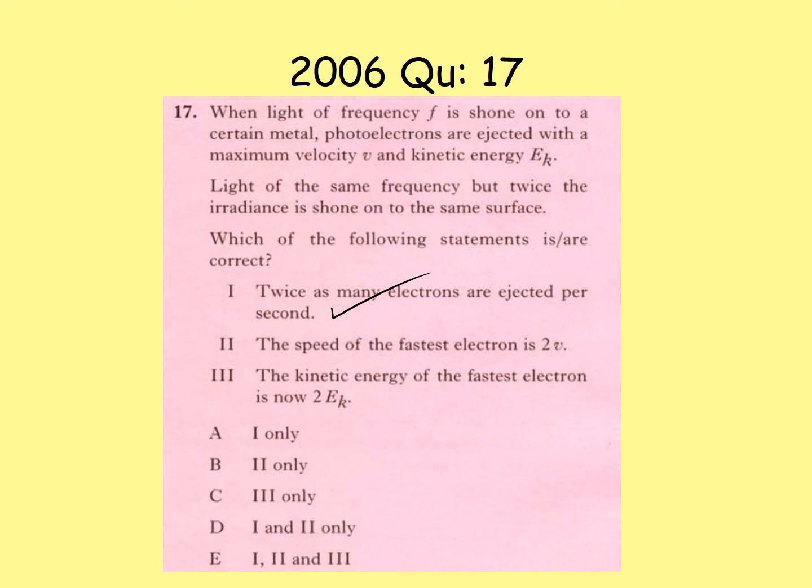Because the work function's not changed, we still are giving energy from the photon to release the electron, and the excess energy goes as kinetic energy. Unless we have increased the energy of the photons, we can't change the value of the kinetic energy. So statement 2 is incorrect. Statement 3 is also incorrect, giving us a correct answer of A.